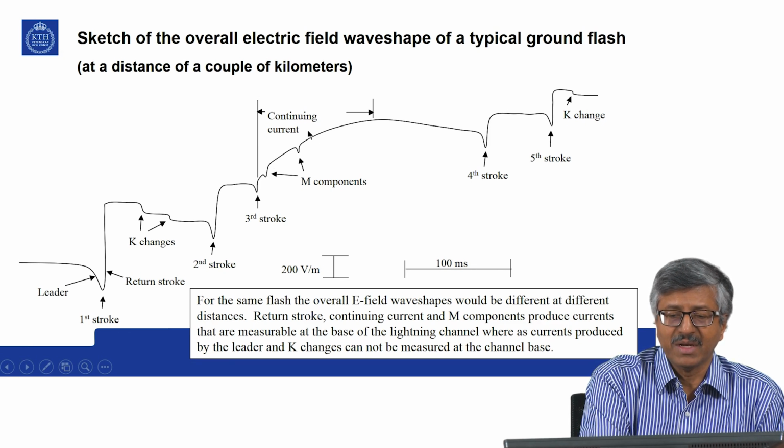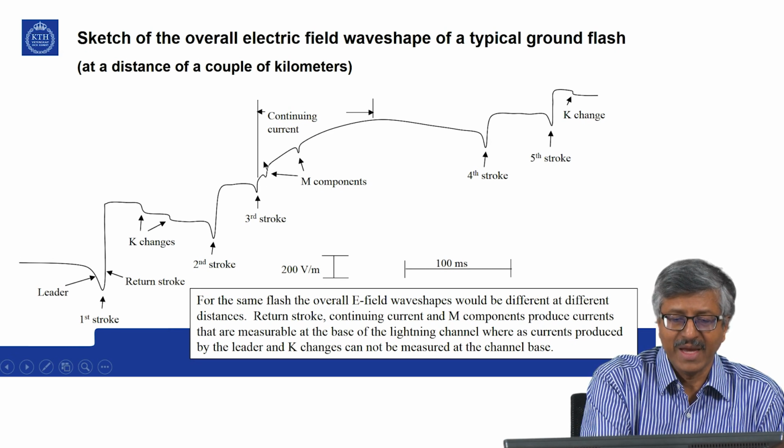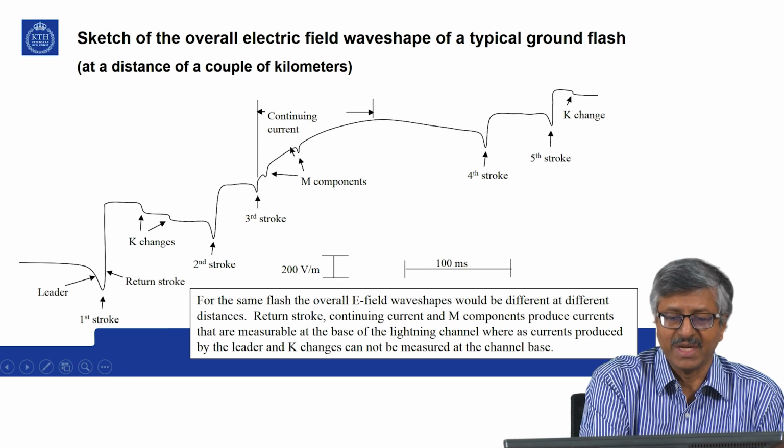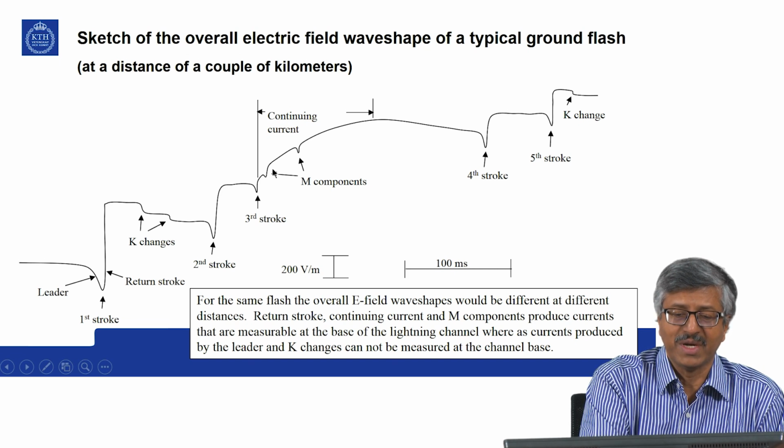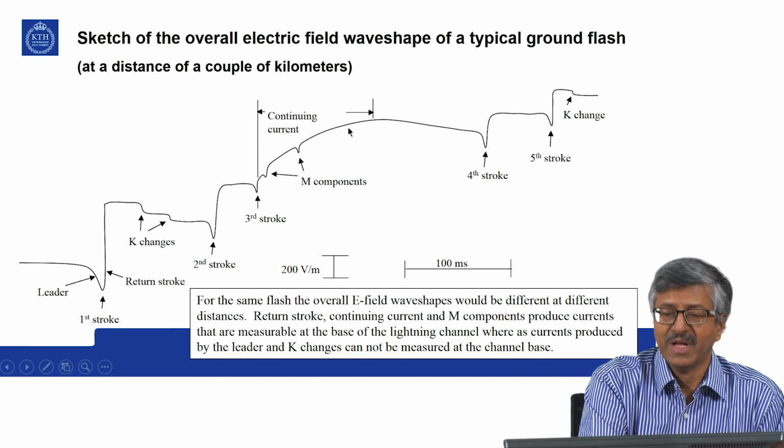But that will give a glow to the channel, and during that period you will again have several pulses coming down the same channel, which are called M components, and those are shown here. These are not return strokes, but slowly varying pulses.